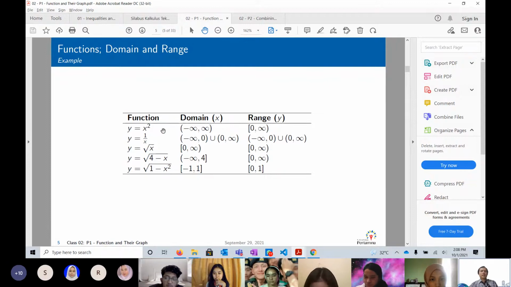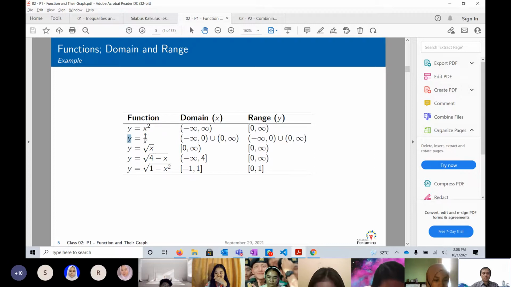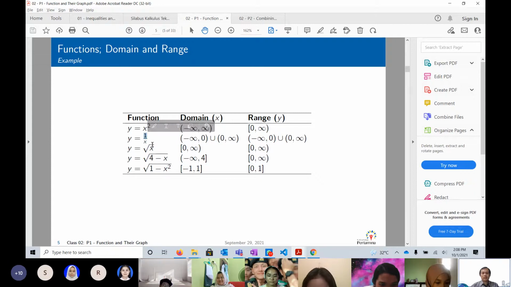In this case, let's take negative x. If we take negative x, the value of y is always negative. And the smaller x is, the closer the value is to negative infinity. If the value of x is going to negative infinity, then the value of y gets closer to 0, but it will never be 0, because the numerator is not 0, that's why it cannot be 0.